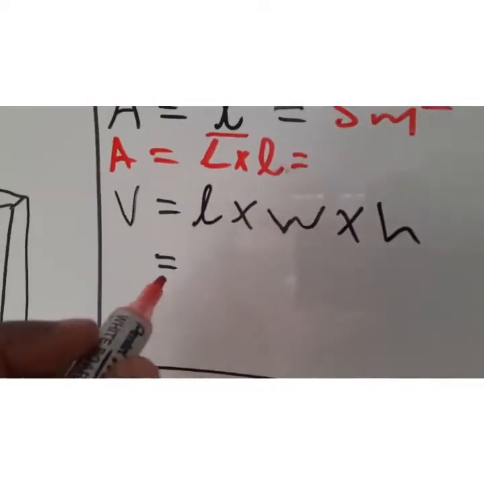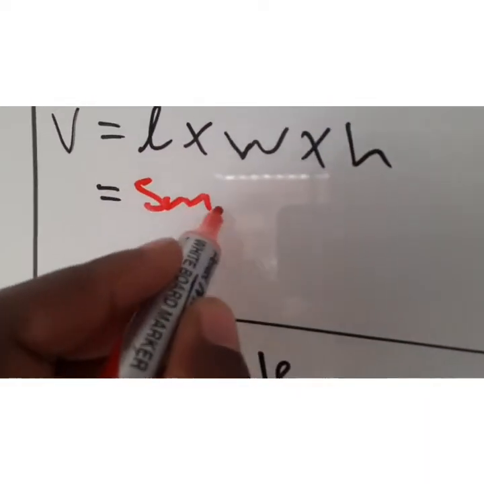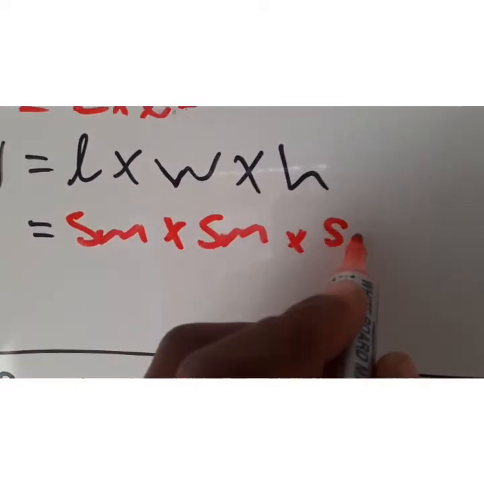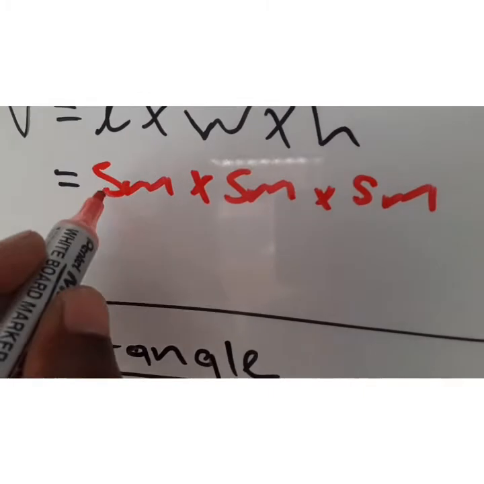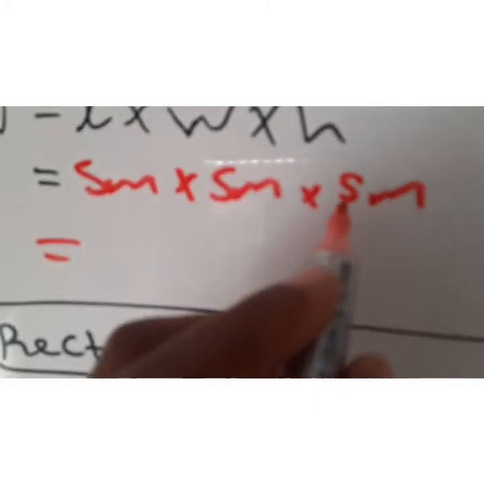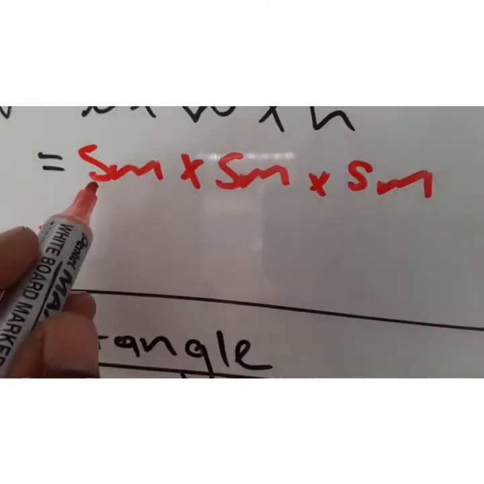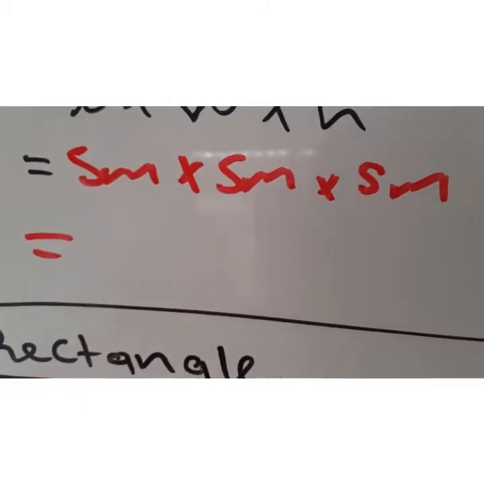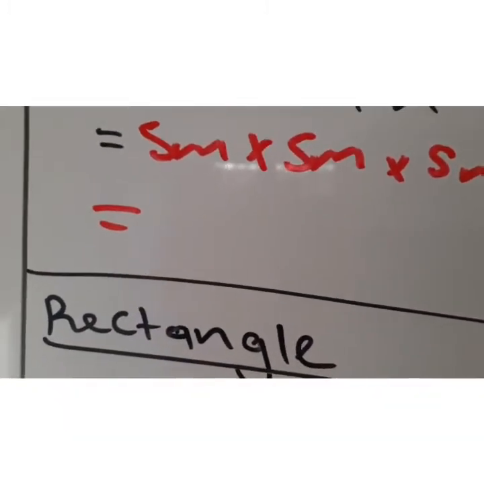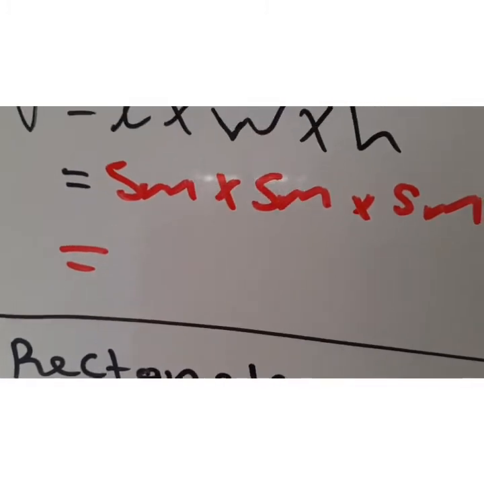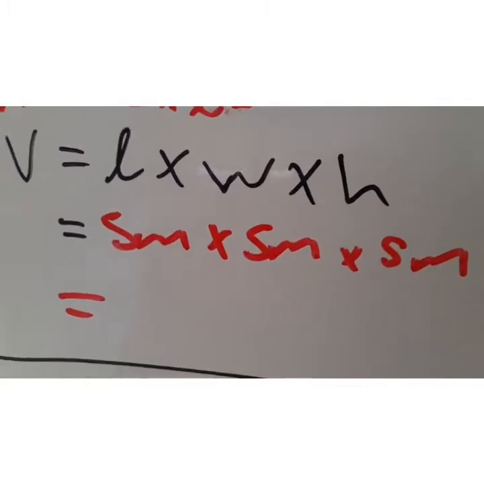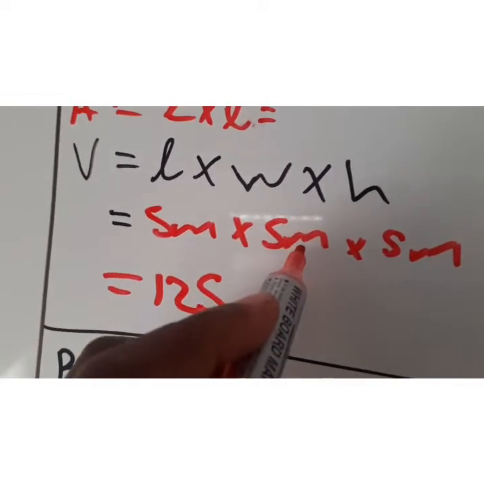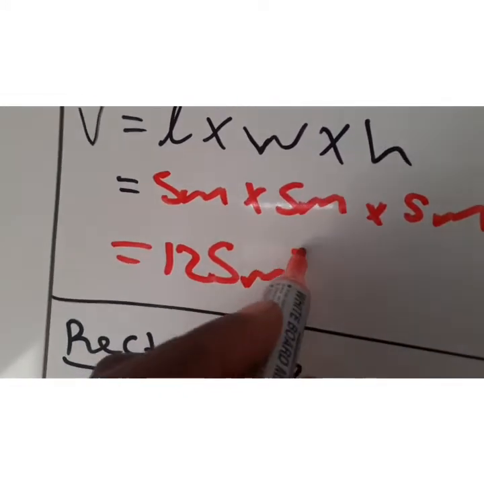Therefore I would have 5 meter multiplied by 5 meter multiplied by 5 meter. It will be 5 times 5, which is 25. Then you'd have 25 times 5, which gives you 125. You have meter times meter times meter, so you have meter cubed.